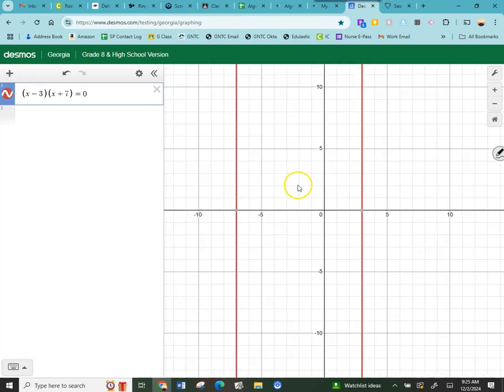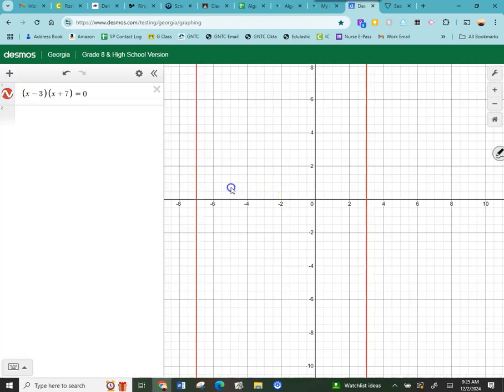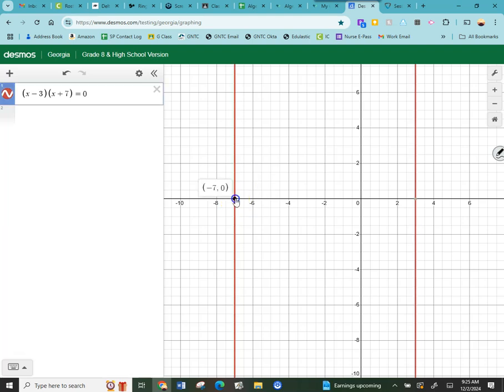Look at that. Where's it crossing the x-axis? Right here at -7 and right here at 3. Those are the solutions.